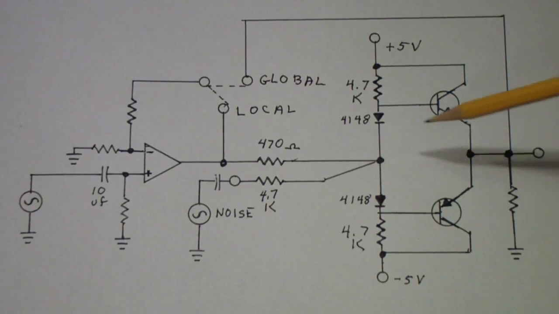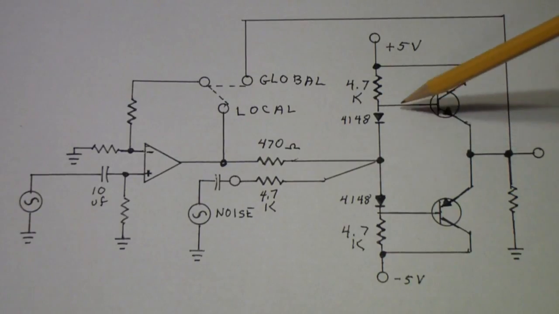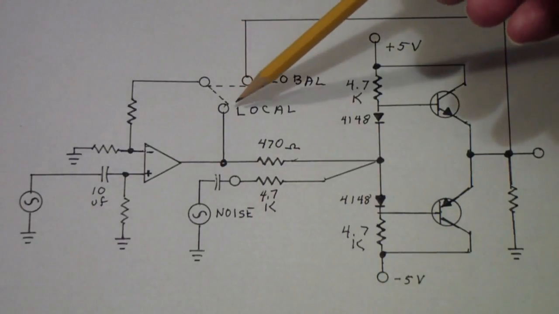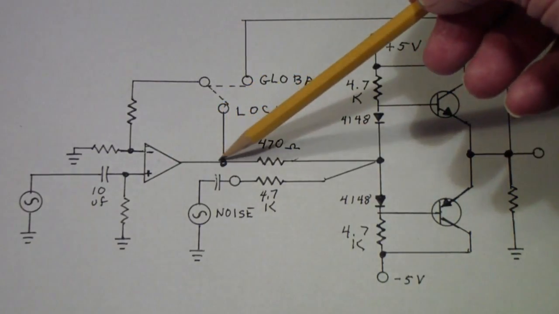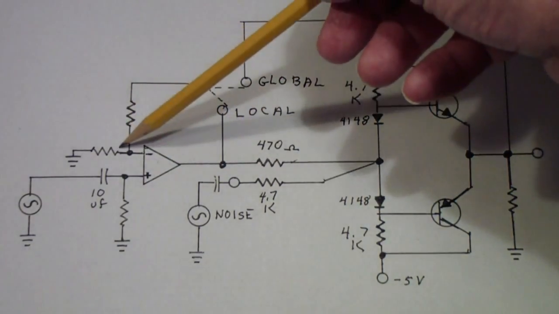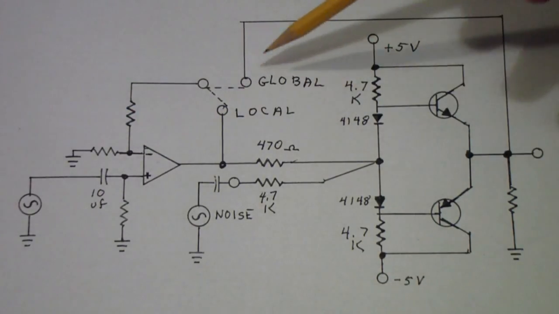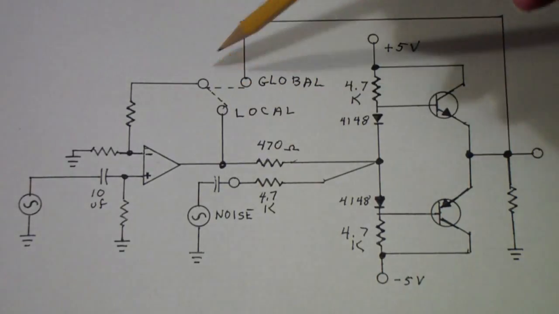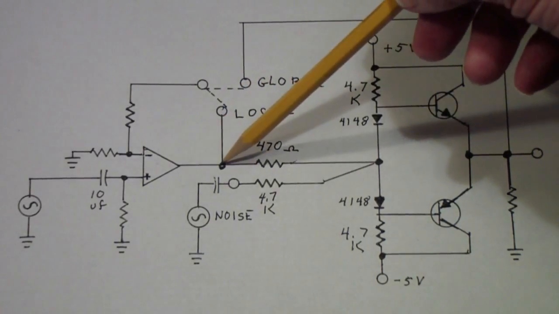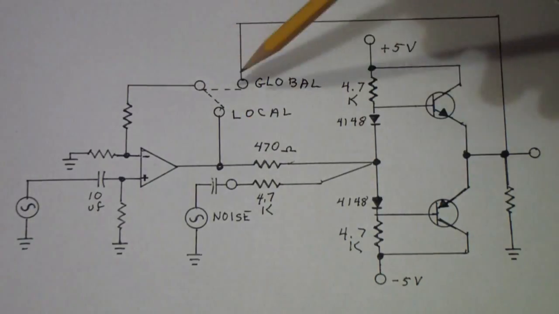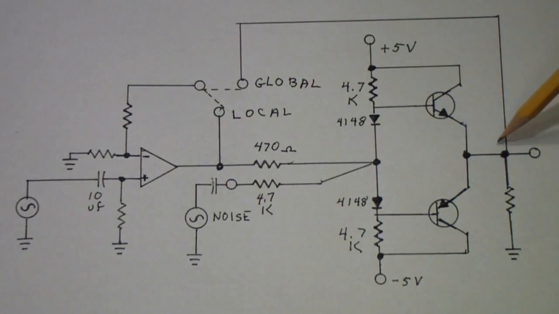What I have been doing is shorting out one of these diodes and then changing the feedback from local, that is, from the output of the op-amp to its inverting input through a resistor divider, to global feedback. That is, instead of deriving the feedback signal from this op-amp, we're deriving it from the output of the amplifier.